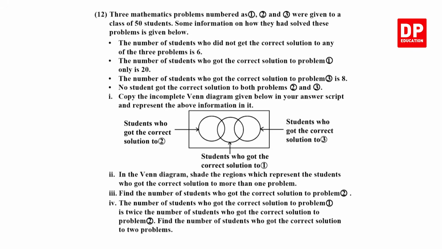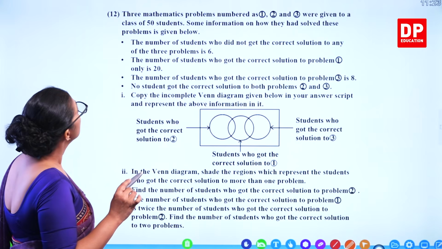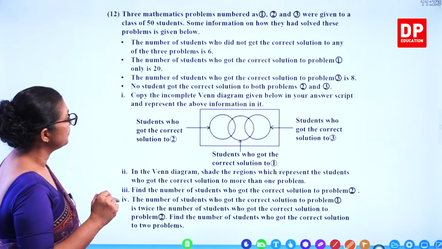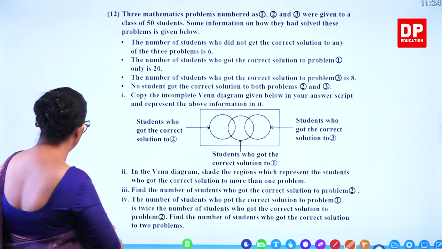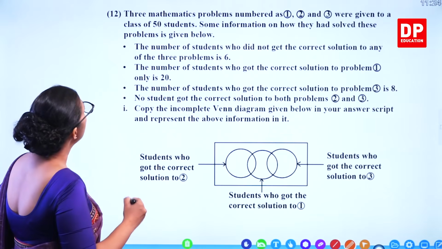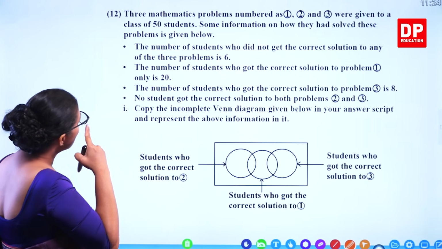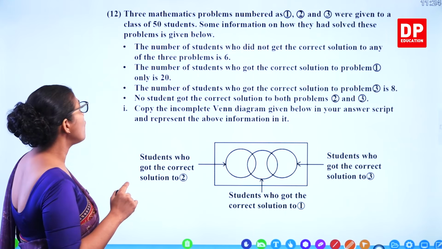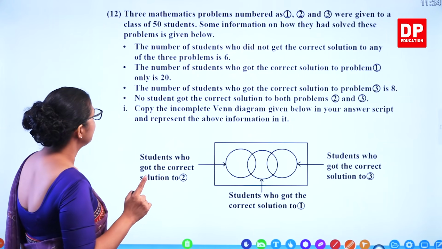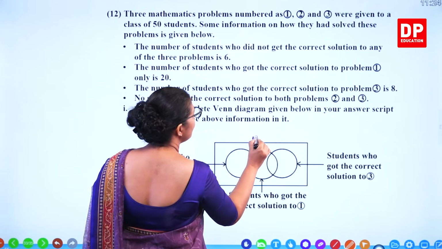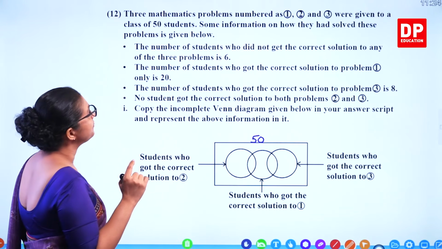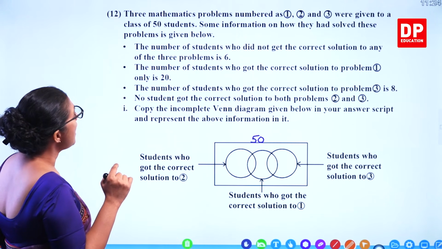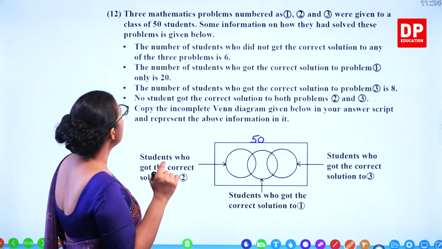Now we'll do the last question. That's about Venn diagram. So you get 4 parts. So we'll do step by step. 3 mathematics problems numbered 1, 2, 3 were given to a class of 50 students. I can write 50 here. Some information on how they have solved these problems is given below.